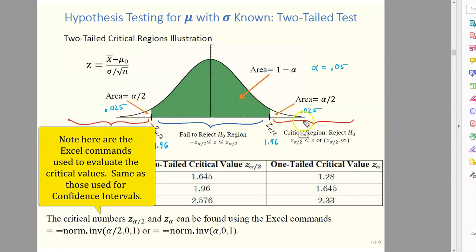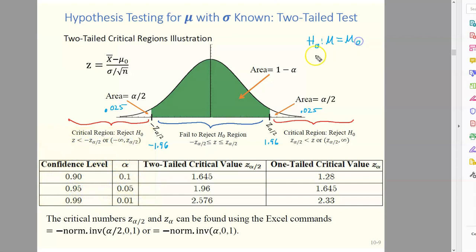For example, for a right-tailed hypothesis test, a hypothesis test which would look something like this, so right here we have a right-tailed hypothesis test, which we will mention shortly. In this case, you would not have this critical region over here.